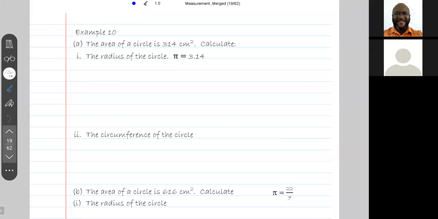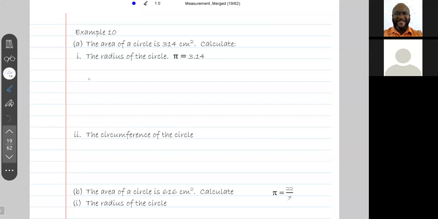so example 10 says the area of a circle is 314 centimeters square. We're asked to calculate the radius of the circle. So this is what I normally say to students. You would write the formula for area that includes radius.